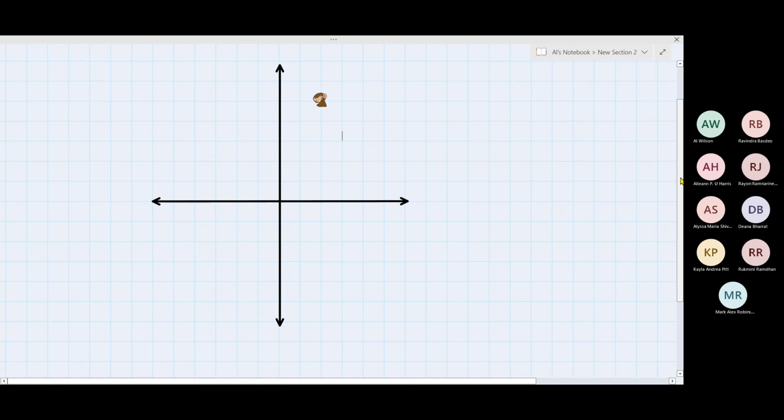Sir, finish. All right, we have like a minute more remaining. Sir, what do you have to do? You have to draw that graph. Okay.